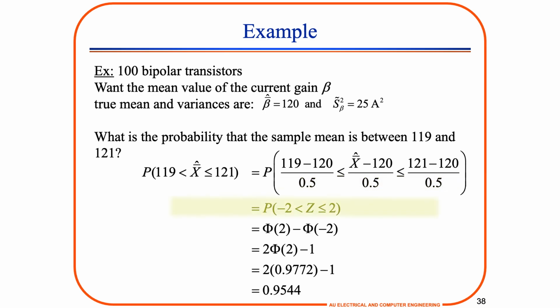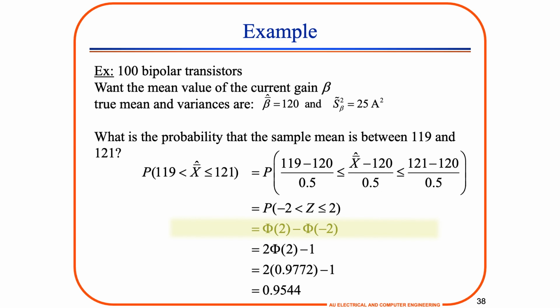So when you take a look at this, he wants the probability of that z that was before. It's just taking x minus x bar over, in this case, the effective standard deviation, which is the square root of 25 over 100, or the square root of 1/4, which is 1/2. And here you get the characteristic function of 2 minus the characteristic function of minus 2.